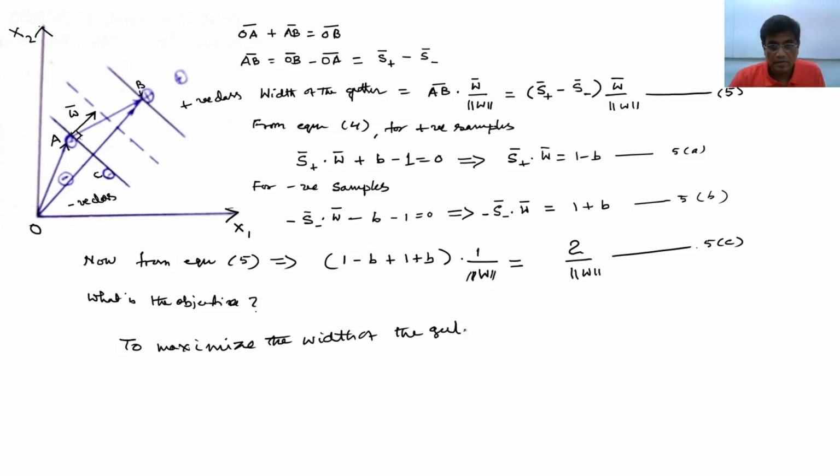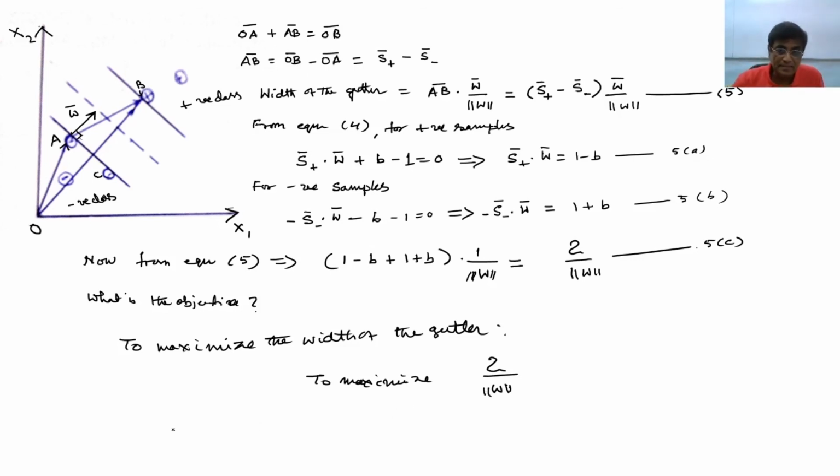So if we are given training samples, then we will try to fix our support vectors so as to maximize the width of the gutter. That means to maximize the width of the gutter, that means to maximize 2 by the magnitude of W.